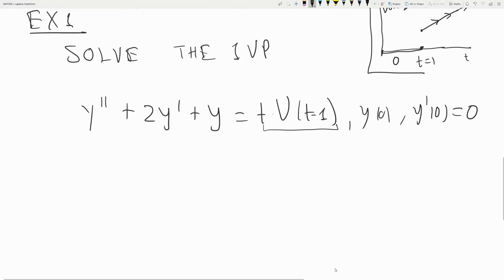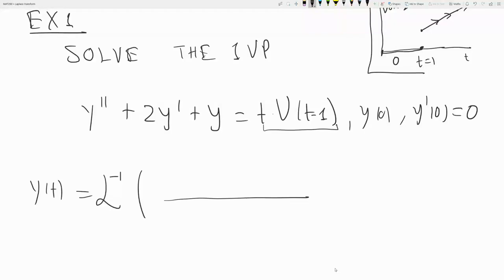All right. So as usual, we have the formula y of t equal to Laplace inverse of the homogeneous part, s squared plus 2s plus 1.